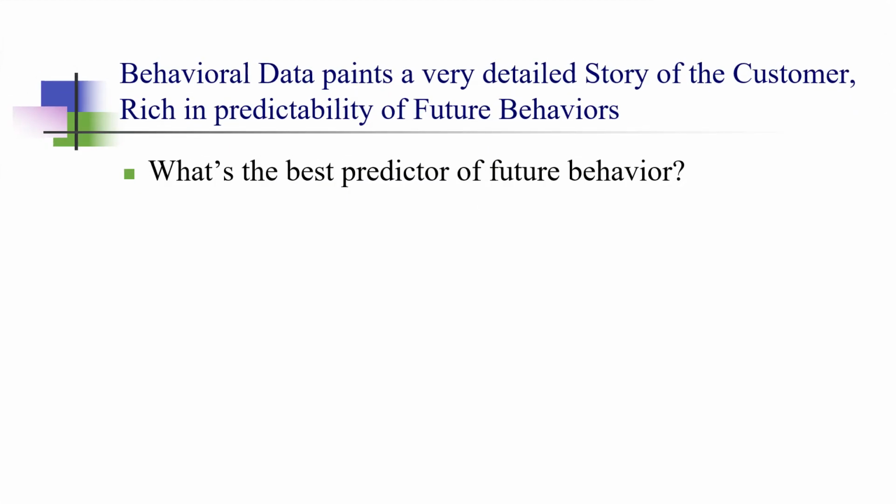And behavioral data paints a very detailed story of the customer, rich in predictability of future behaviors. And of course, what is the best predictor of future behavior? Well, of course, past behavior. And past behavior is historically recorded in the behavioral data.